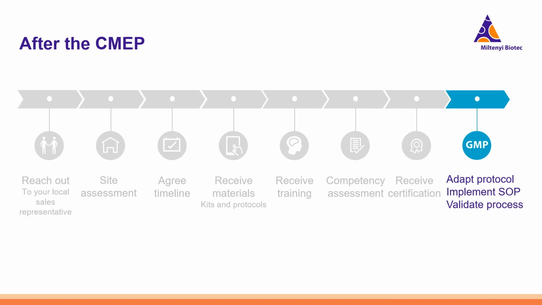Now, of course, this is just the beginning of the odyssey towards CAR T cell manufacturing, because after all of that, you will need to validate the process and get clearance from the regulatory authorities to actually start offering clinical trials.